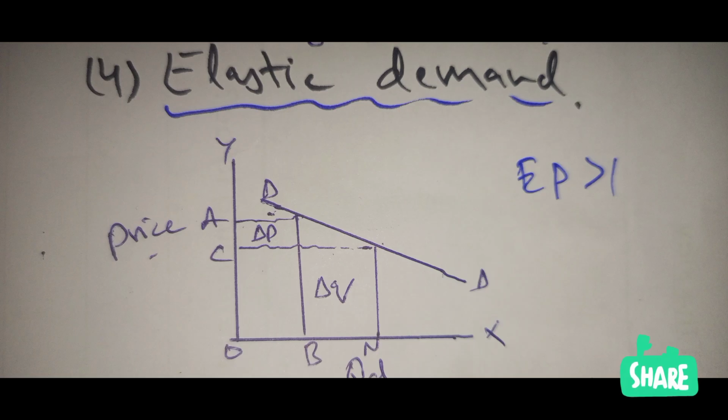It means EP, the price elasticity of demand, is more than the changes in price. For example, if a 1% change in price causes more than 1% change in quantity demanded of a good, the demand is elastic.